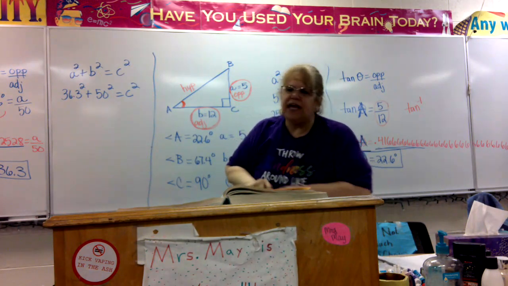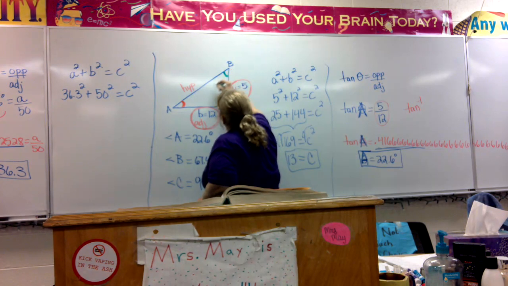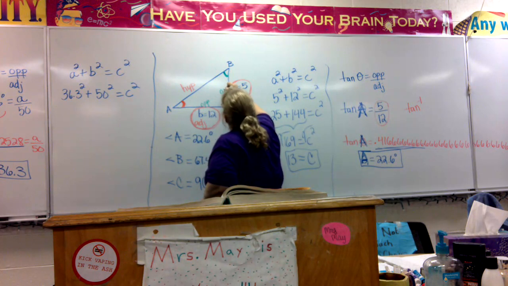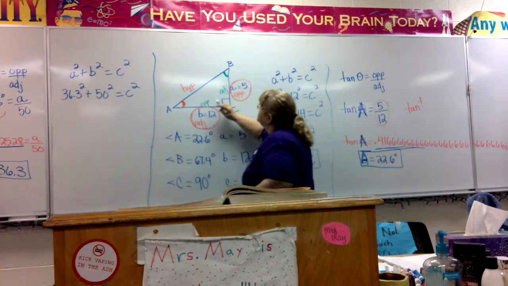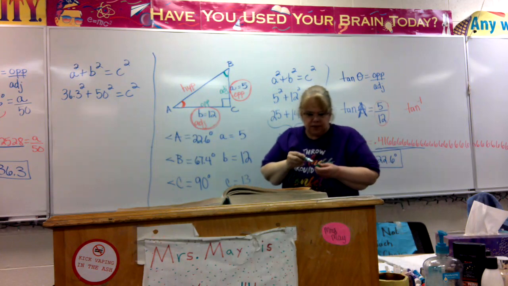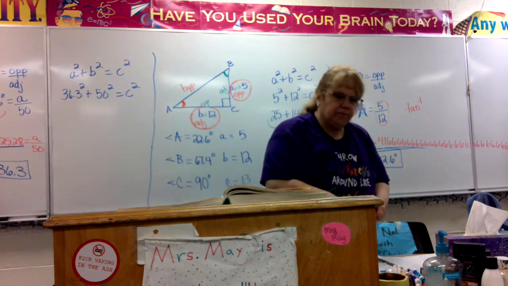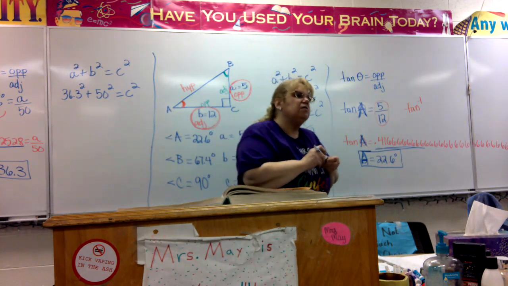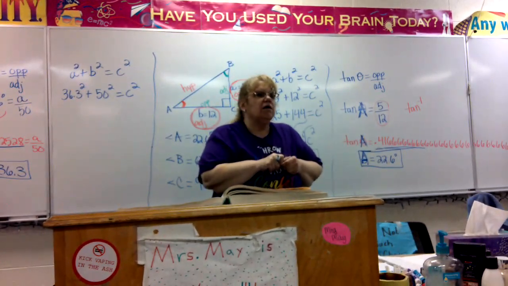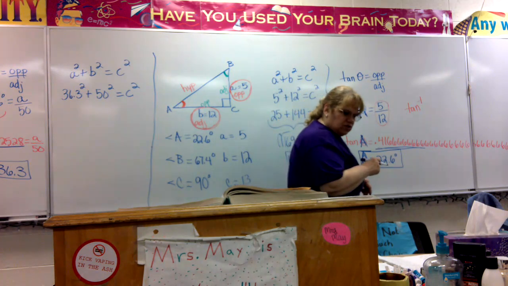If you use angle B up here, then this is going to be your opposite, and this one is going to be your adjacent. Exactly opposite of if you used angle A, right? Make sense? Do you have questions? Does anyone have a question?